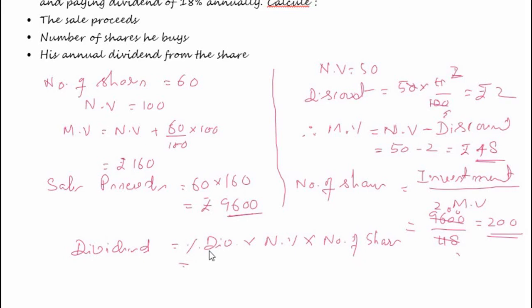It is 18%, so it is 18 divided by 100 into NV. NV is here 50, into the number of shares he has got, 200. So 2 zeros cancel here. So 18 into 100 is rupees 1800. So this is the dividend that he gets from the second company.